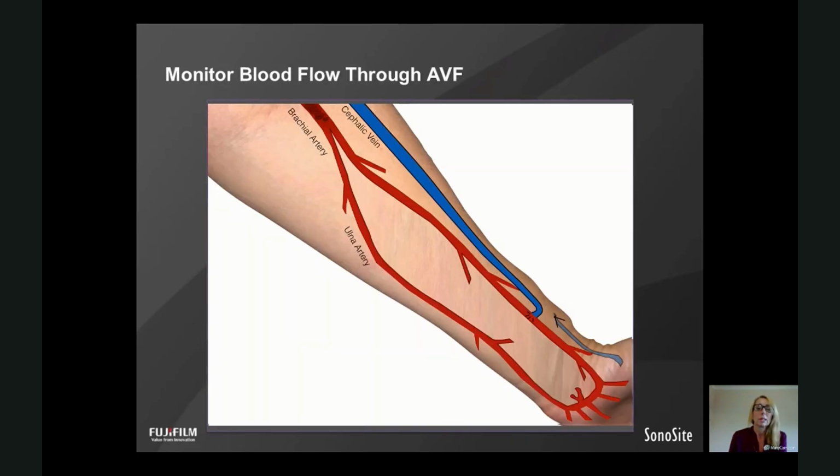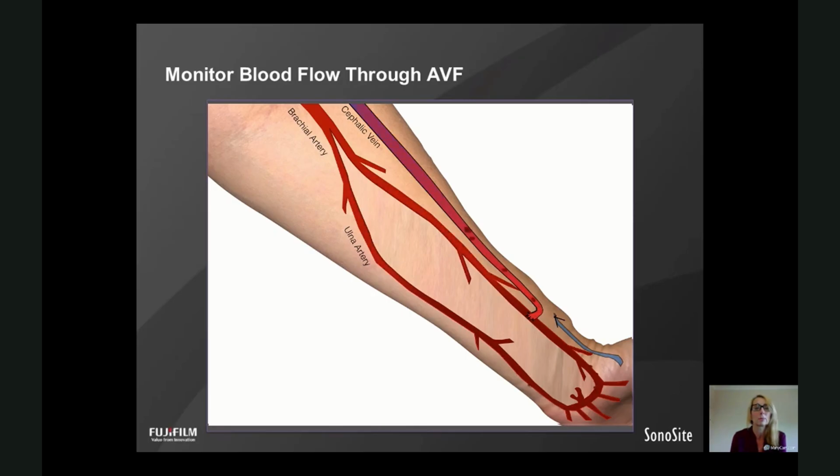So monitoring the blood flow through an arteriovenous fistula, you see that the blood can travel down the artery towards the anastomosis. You can see this on the video here. Blood will travel down the artery, either from the brachial artery.